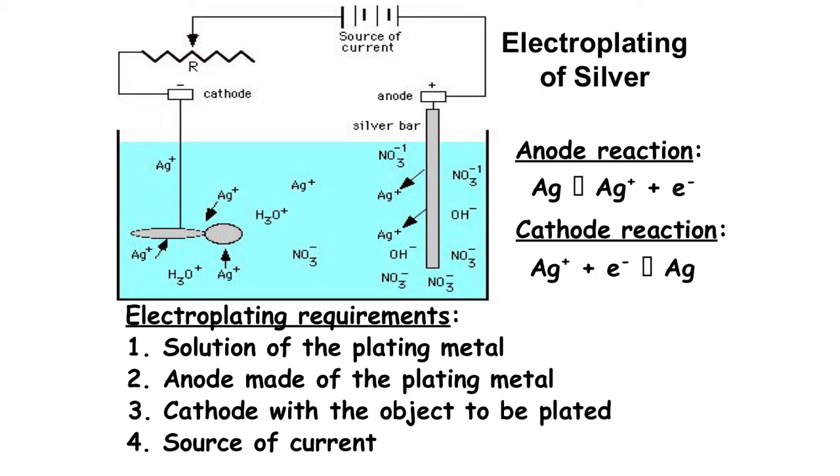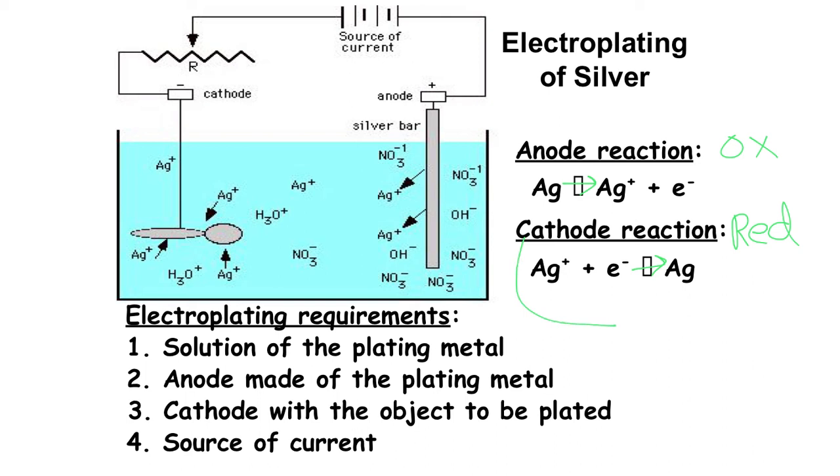So when we have electroplating, those are supposed to be arrows. If we are silver plating something, basically silver is reacting at both the anode and the cathode. The anode has to be oxidation, the cathode has to be reduction. So at the anode, the silver metal is getting oxidized, and at the cathode, the silver ion is getting reduced.